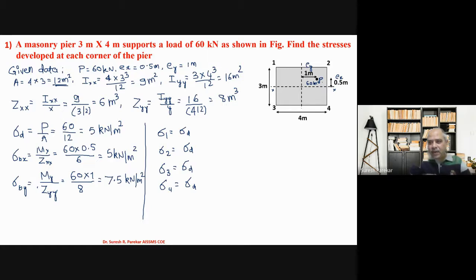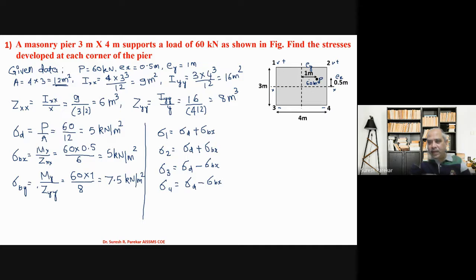Now we have column that is above this axis. So 1 and 2 we have plus due to bx, and 3 and 4 are minus due to bx. So we have plus sigma bx, plus sigma bx, and then minus sigma bx, and then minus sigma bx.